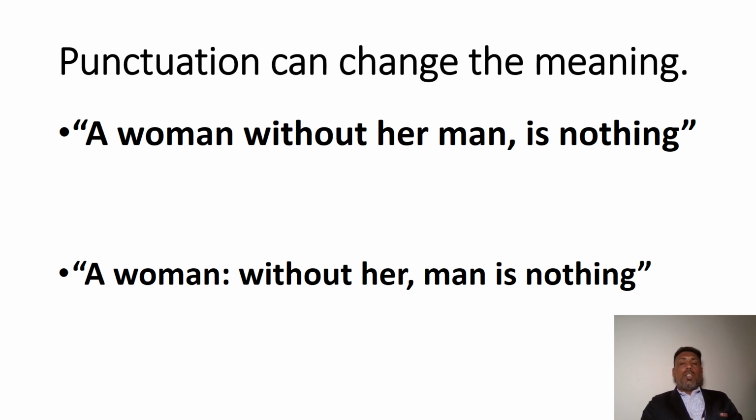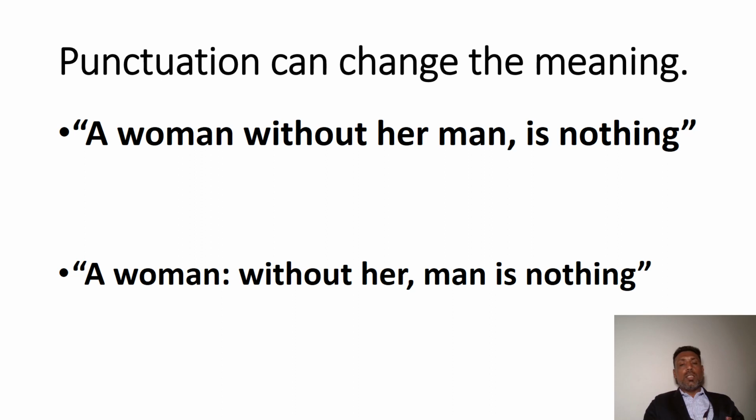whereas the girls of that class, they wrote it in this format, the second format: a woman, colon, without her, comma, man is nothing. What meaning does the second sentence give?